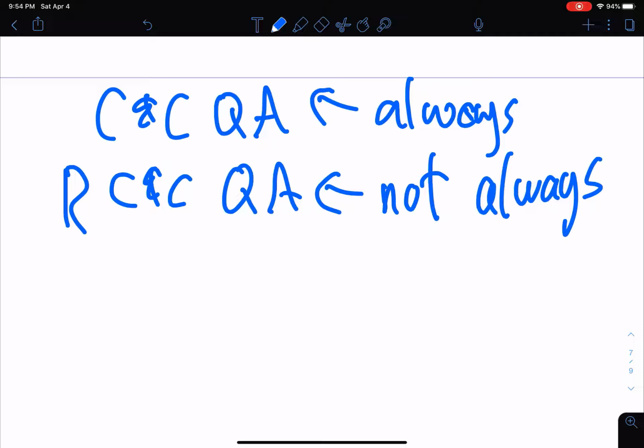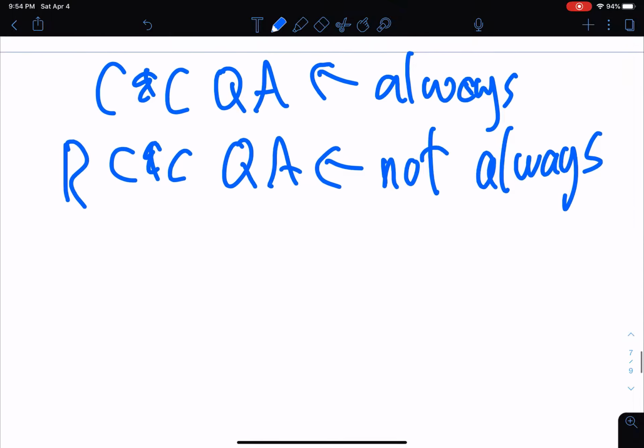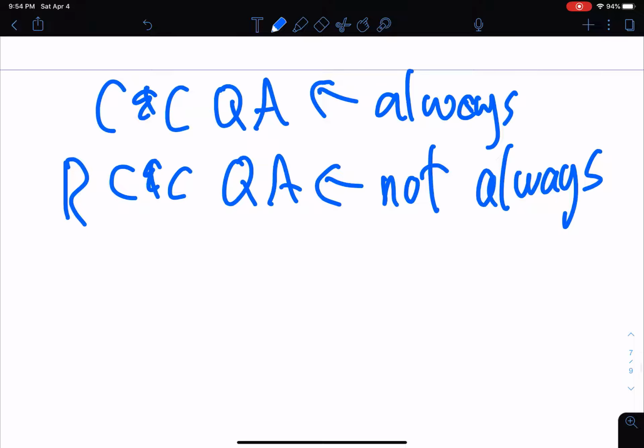And so what that means is that sometimes futures prices can go very low. As a matter of fact, sometimes we'll get futures prices, as is the case along this blue line, where the futures price is lower than the spot price. And it's the shortage of the physical commodity that causes that.